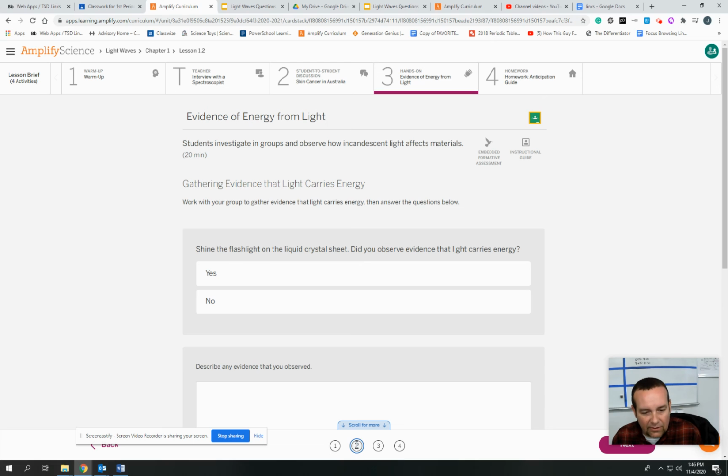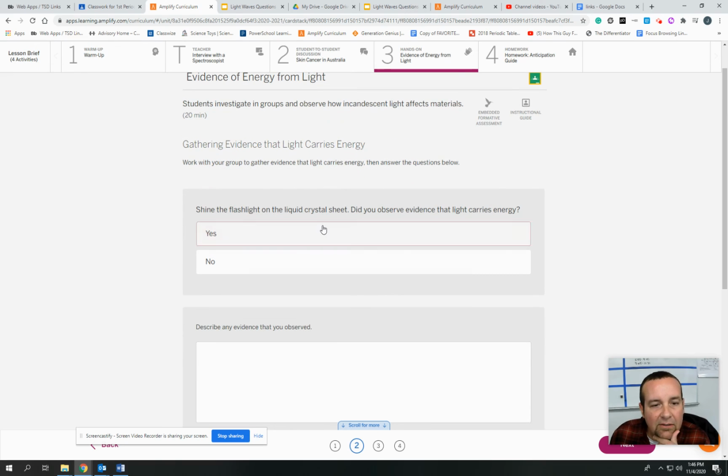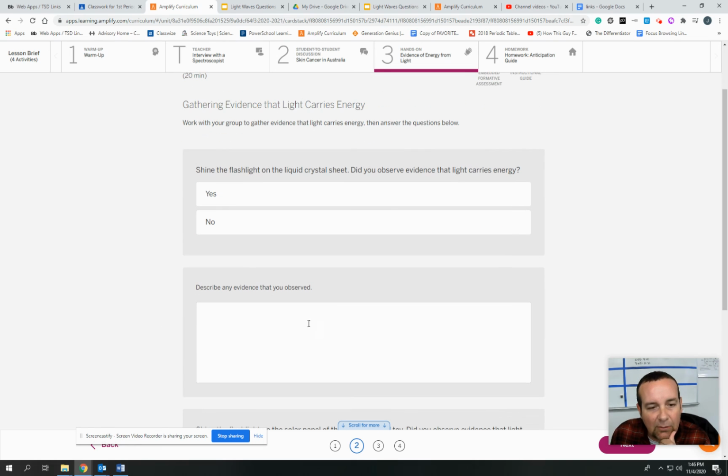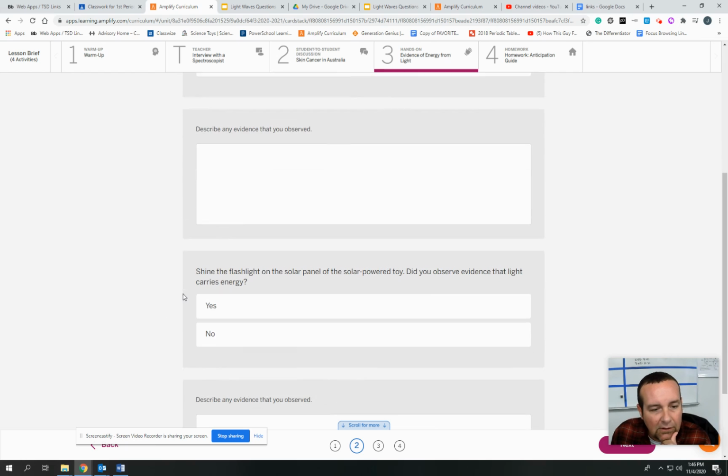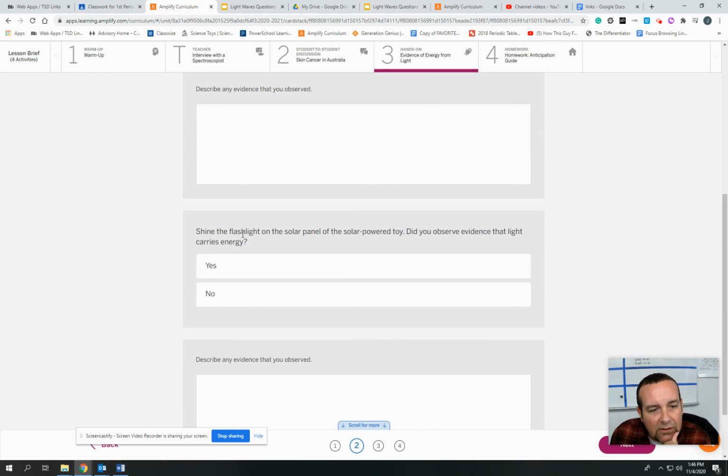Now, I clicked over here to tab number 2 because this is where your hands-on investigation begins. So it says, shine the light on the liquid crystal. Did you observe evidence that light carries energy? Yes or no? Describe the evidence that you observed. Use complete sentences, folks. Shine the flashlight on the solar panel of the solar-powered toy.